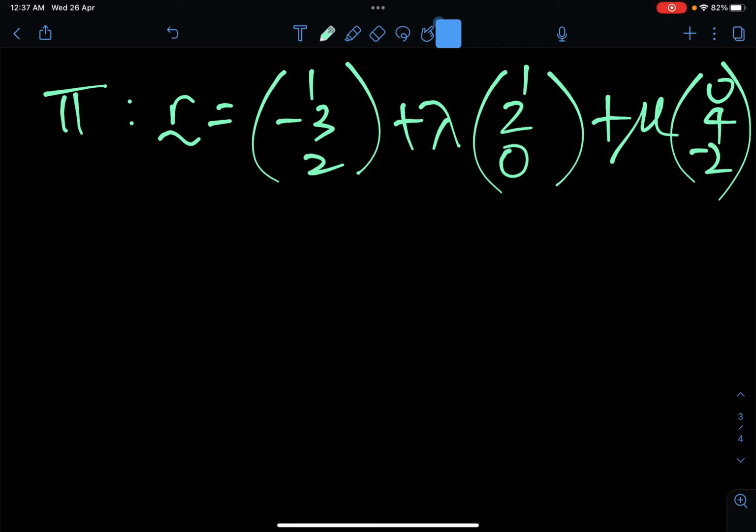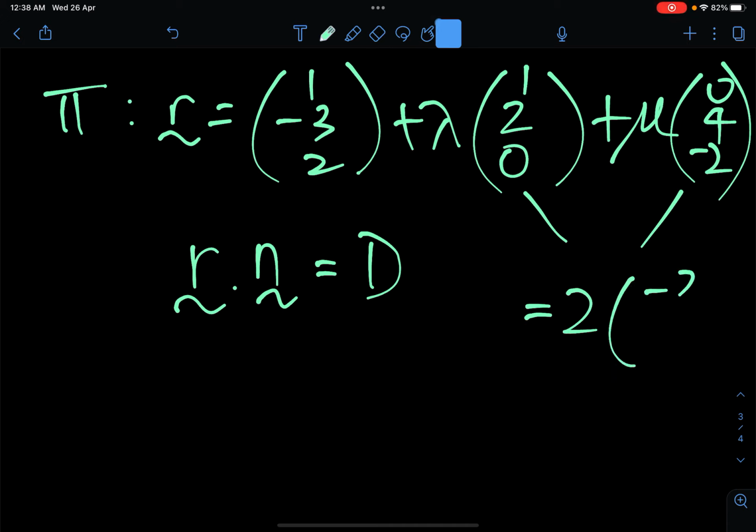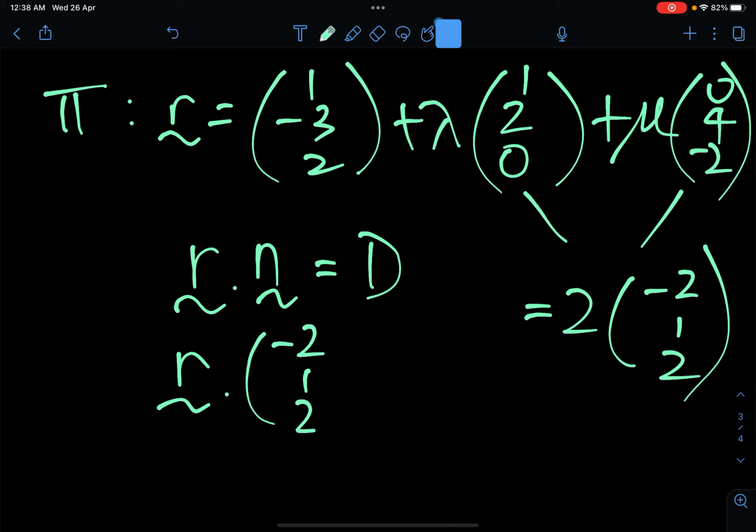I converted this into the R dot N format, so I crossed this to get the N. In my earlier slide I showed you the fastest way to cross it. The cross product is equal to (minus 2, 1, 2), so the plane equation is R dot (minus 2, 1, 2) equals minus 1.